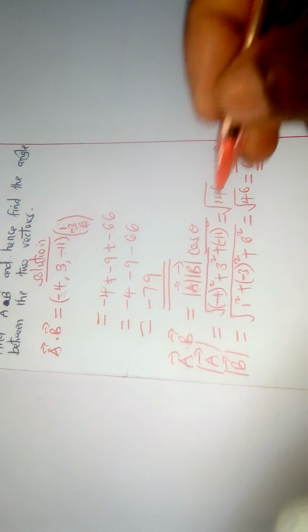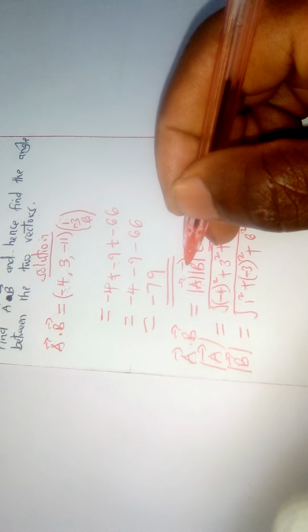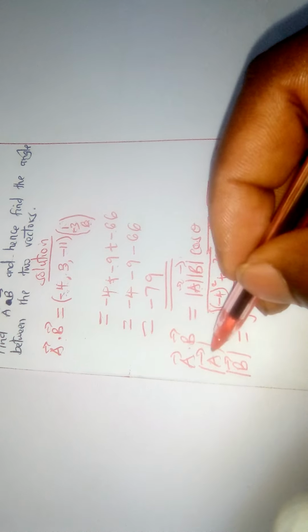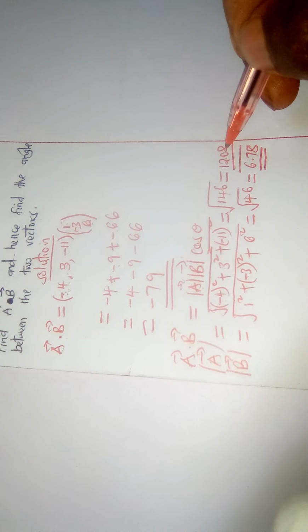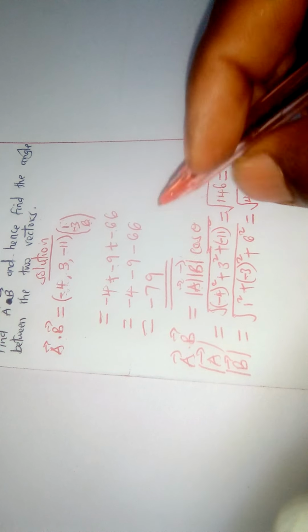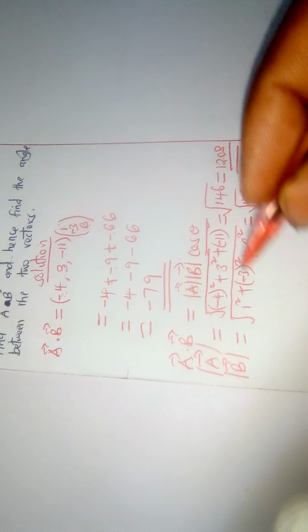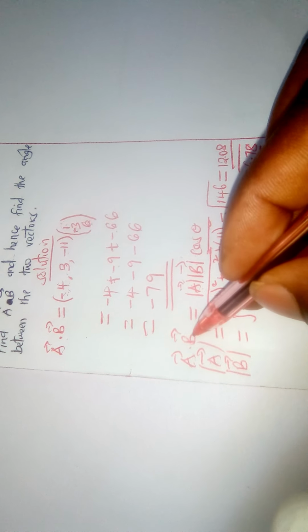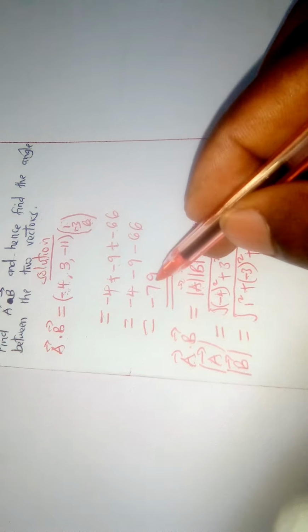Now after getting the magnitude of vector A as well as vector B, your work is just to substitute, because we already have the dot product and each and every magnitude. So I'll say the dot product of vector A and B, and what is it? It is negative 79, remember?